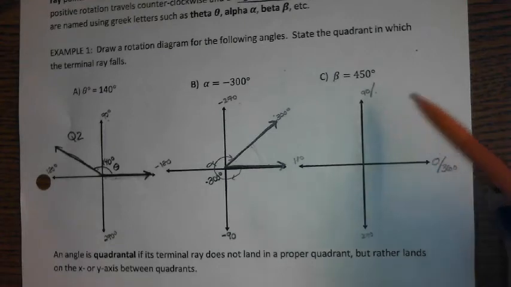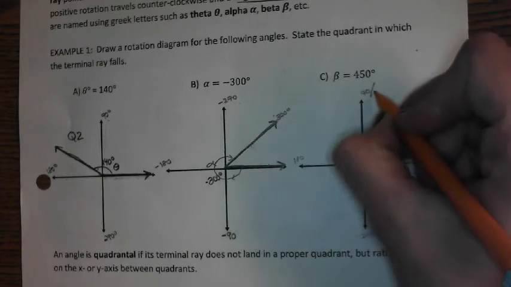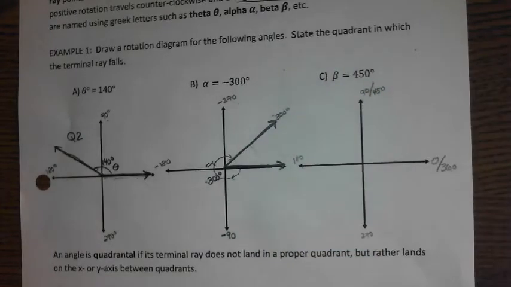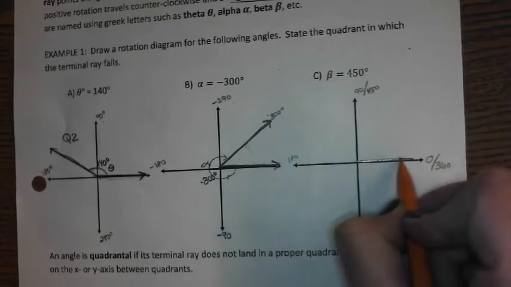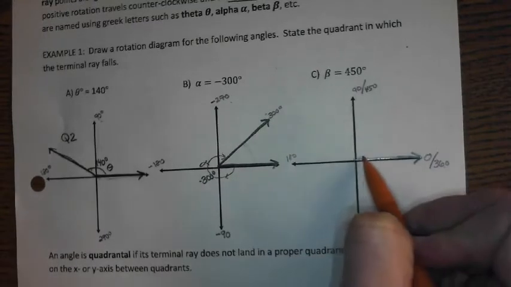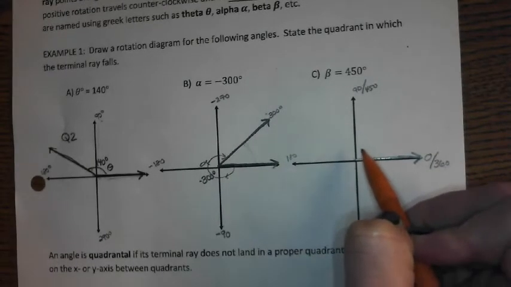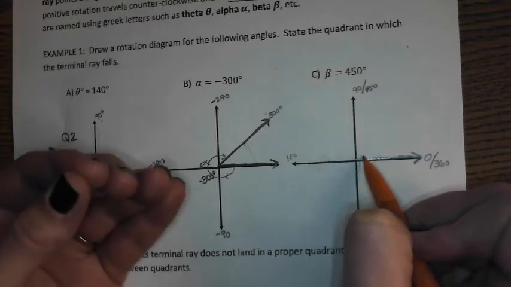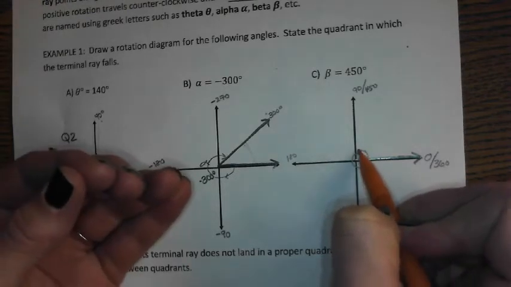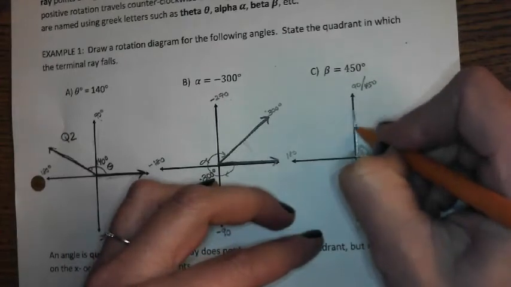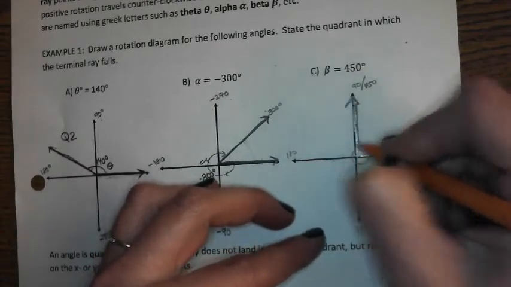So that's going to be actually 450 right on the nose. So your initial ray is still the x-axis. What I was looking for about 450 is that it's over 360. It's one full circle and then some until your terminal ray ends right there.